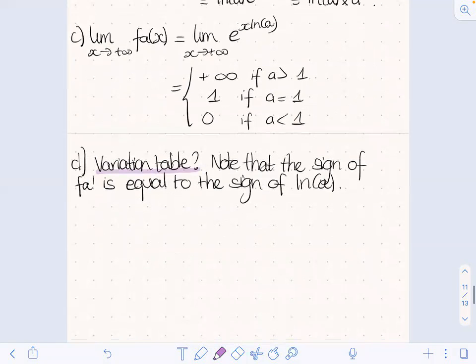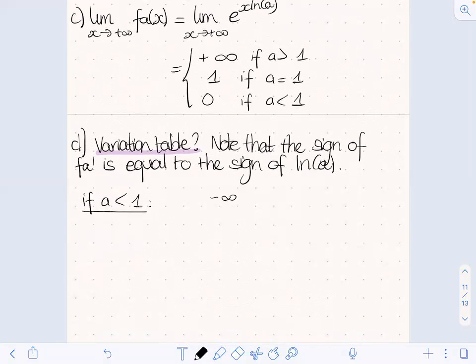Okay. So the first possibility that's also written above is when a is smaller than 1. In that case, we have the following. So we can do the variation table on R. We have FA prime and FA.